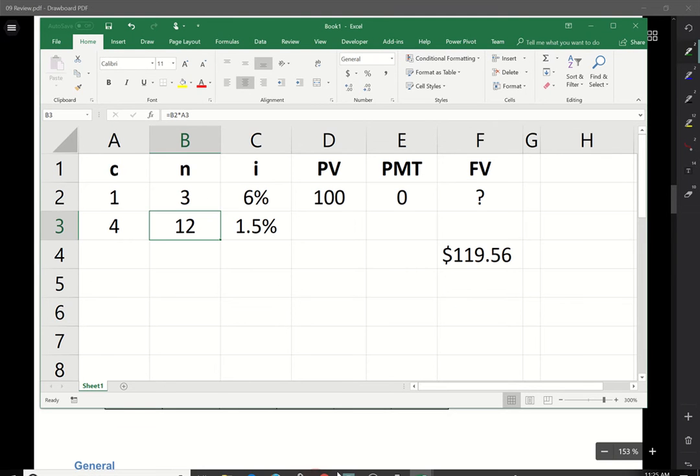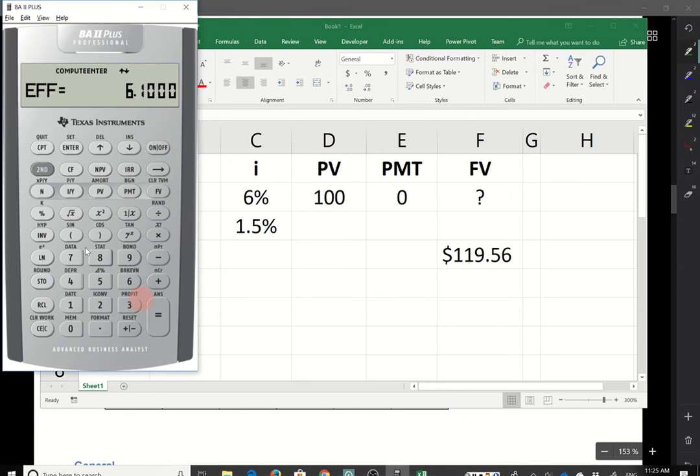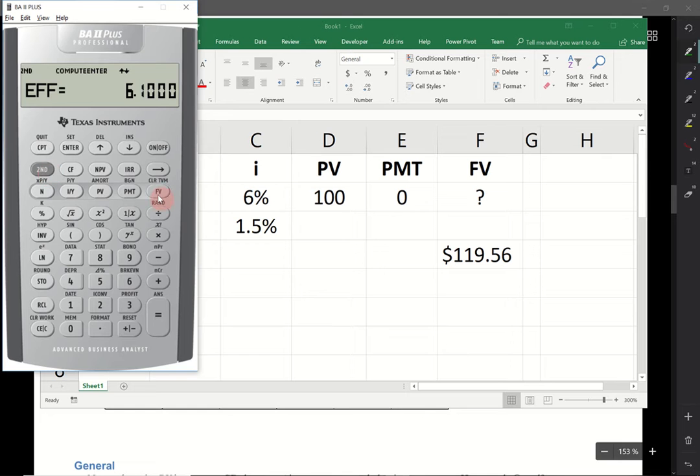119.56. So on the calculator, to check that, let me do second clear TVM. Actually, let me do second quit, return back to the normal mode again, and then do second clear TVM. And so here we want 12 quarterly compounding periods.